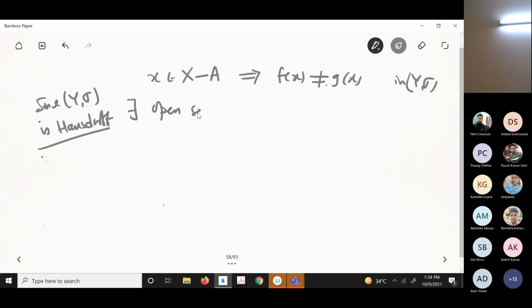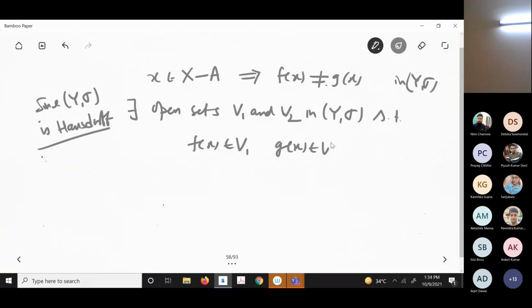There exist open sets V1 and V2 in Y such that f(x) belongs to V1 and g(x) belongs to V2, and V1 intersection V2 is empty. I am just using the definition of Hausdorffness of Y.